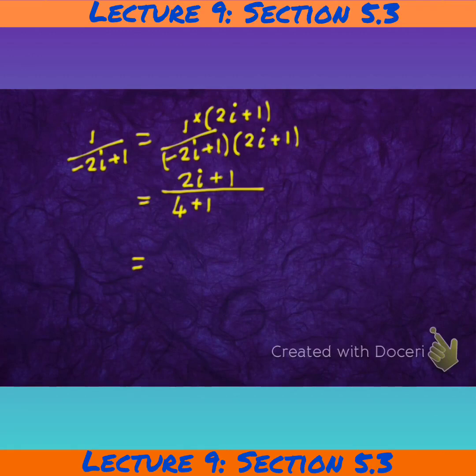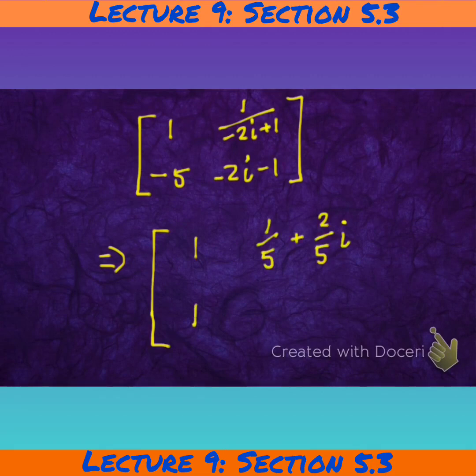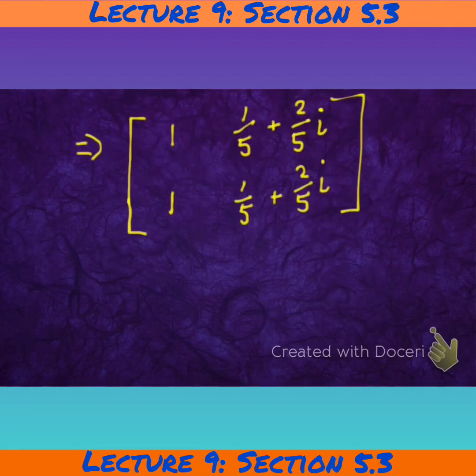So there we've got the complex number a fifth plus 2/5 i. So that matrix then becomes that, and now you can further simplify that and reduce it even further. Okay, there we've got it.